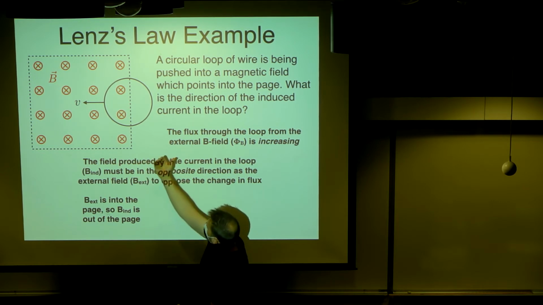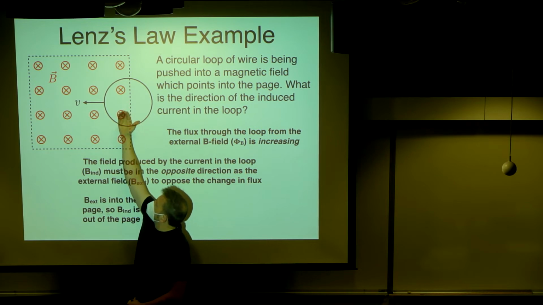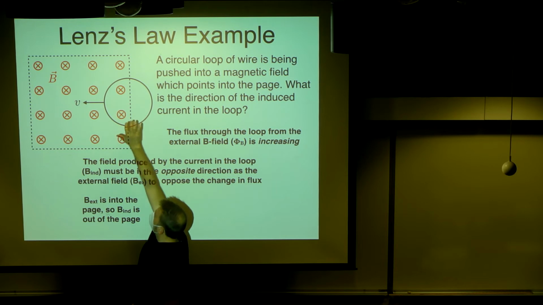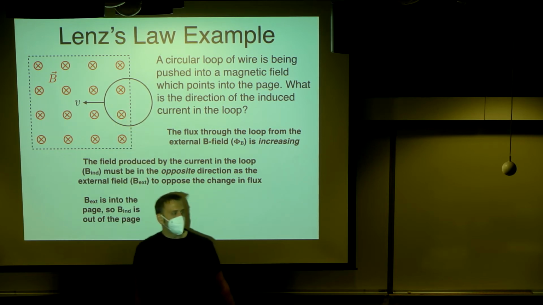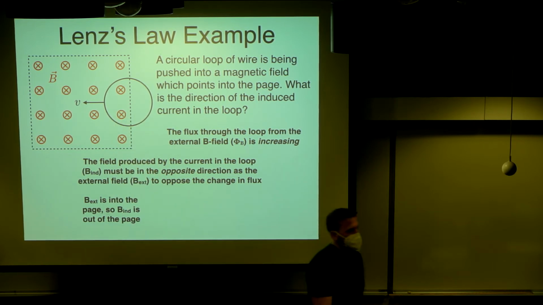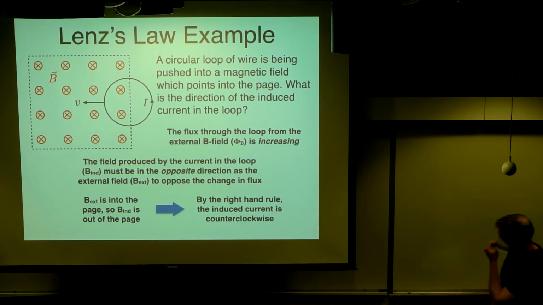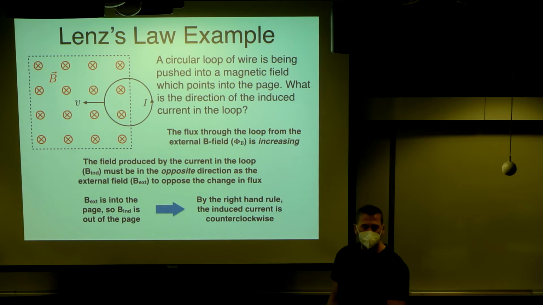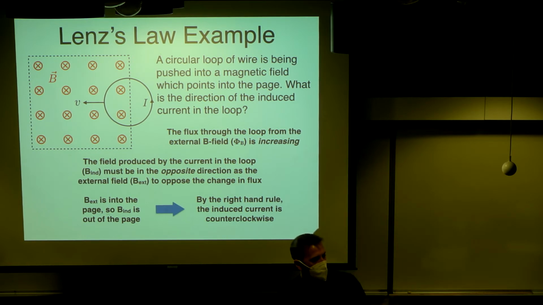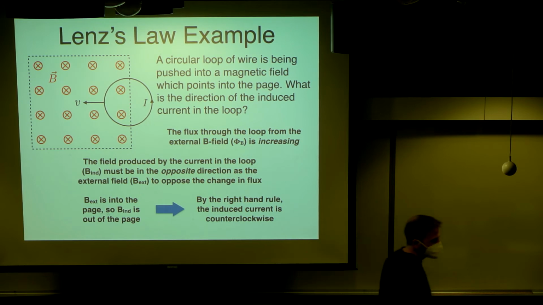So I take my thumb and kind of point it that way. And yeah, I'd have some B field lines coming out of the page in that case. If my current were going the other way, my B field would be going in the wrong direction, right? So it looks like, yeah, the induced current is counterclockwise to oppose the change in flux. All right, make sense? Let's have you try one out.